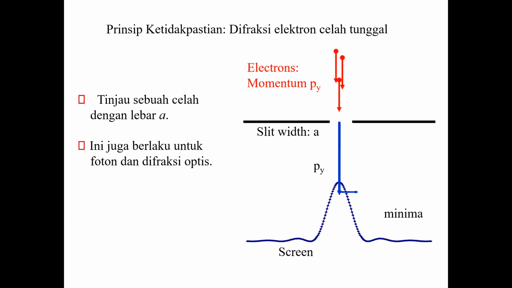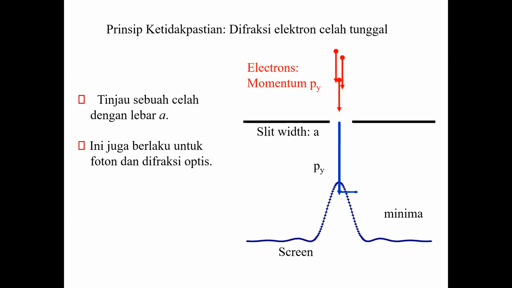Basically, this uncertainty principle we could also explain using a Gedanken experiment, or thought experiment. For example, imagine that we have incident particles, n electrons, passing through this slit. We will have this diffraction pattern here.